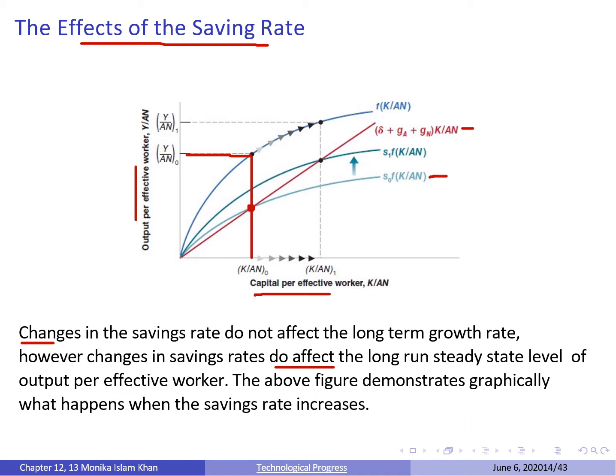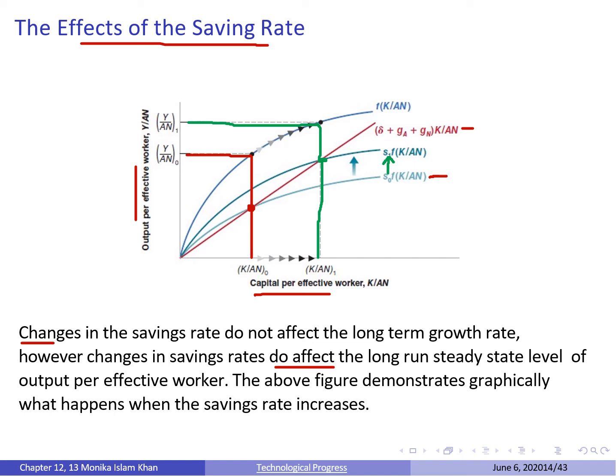Now suppose that the savings rate increases from s0 to s1. This causes the investment curve to shift upwards, and your new steady state level is at this point. At this point, your new steady state level of capital per effective worker is K over AN 1 and output per effective worker is Y over AN 1.